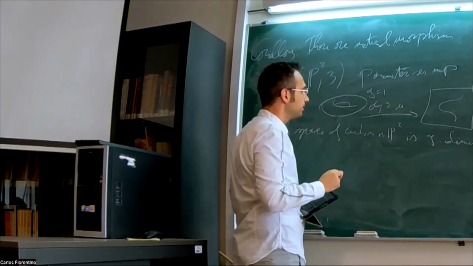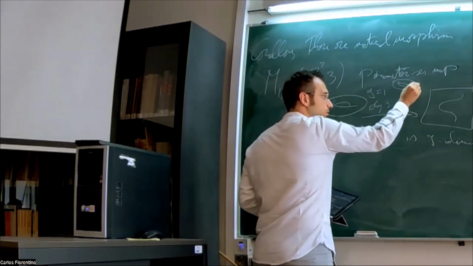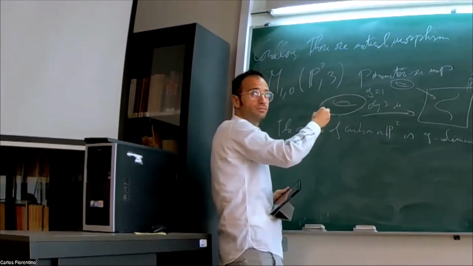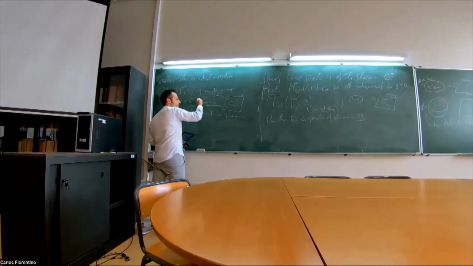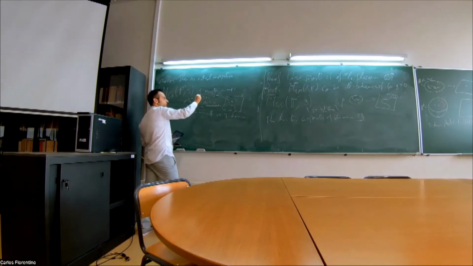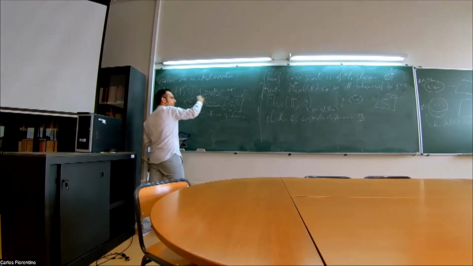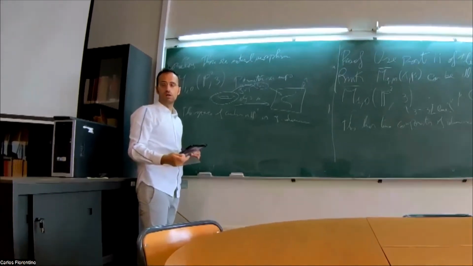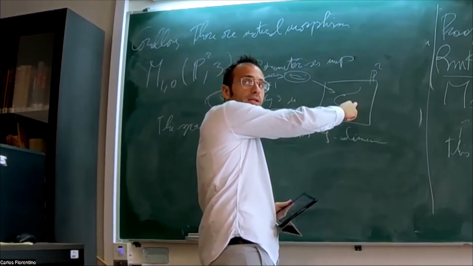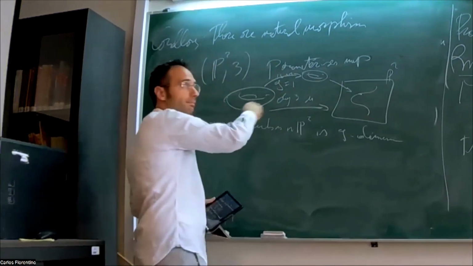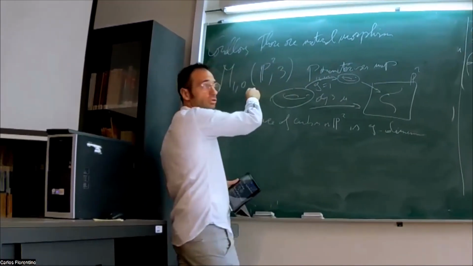If I have another curve with the same image, so this is mapped to a point here, and this is mapped to a point here, it's very easy to see that there exists an isomorphism from this domain to this domain, making this diagram commutative. This implies that for each smooth cubic in P2, I have a map. Since the space of smooth cubics is 9-dimensional, this is also 9-dimensional.